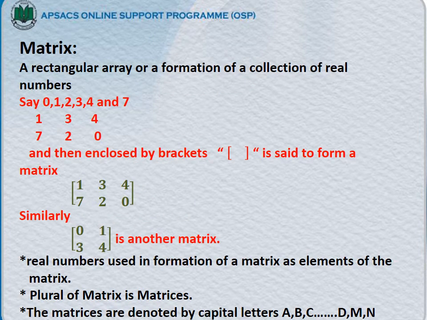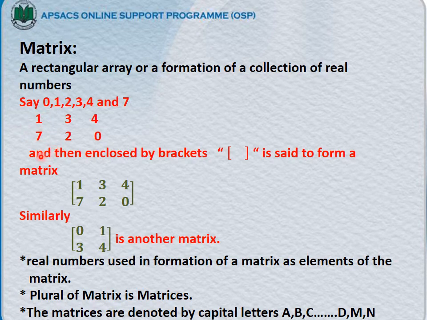First of all, what is a matrix? A rectangular array or a formation. Array means arrangement of a collection of real numbers. For example, these are real numbers. We arrange them horizontally and vertically.